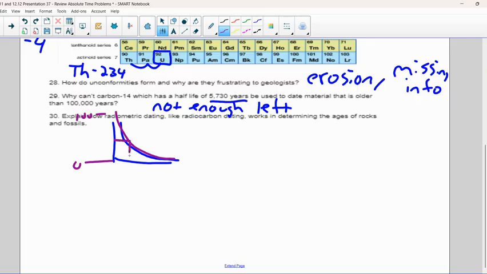You can come across, drop down, and read off the age. So here's your percent on the y-axis. Here is your age in years on the x-axis, and you simply find your percent, come across, drop down, and read off the age. And that is it.